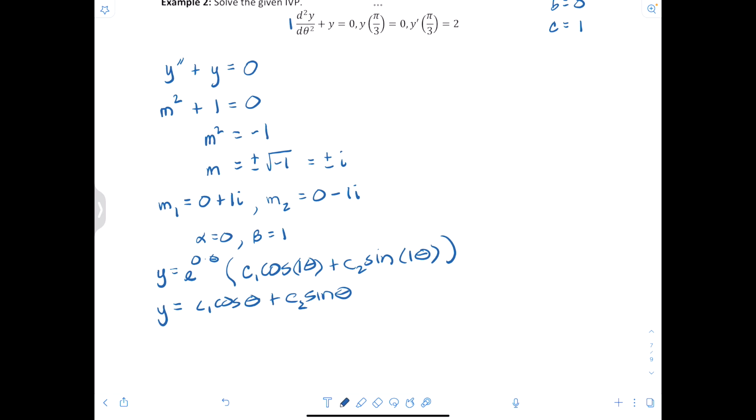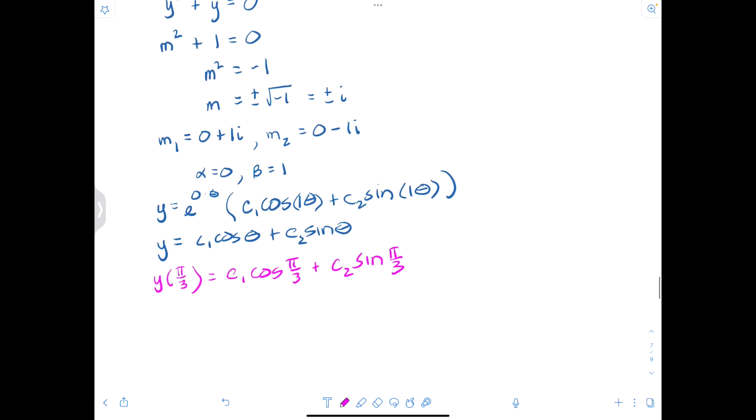Because we have y, we do need to find y prime, right? So first let's apply that initial condition to y. So y at pi over 3 would be c1 times cosine at pi over 3 plus c2 times sine at pi over 3.